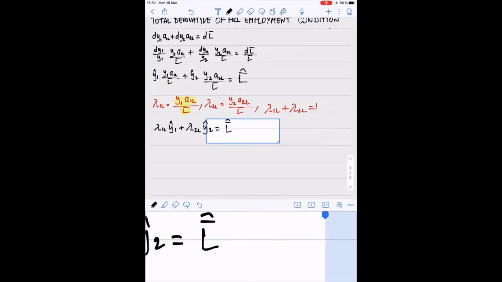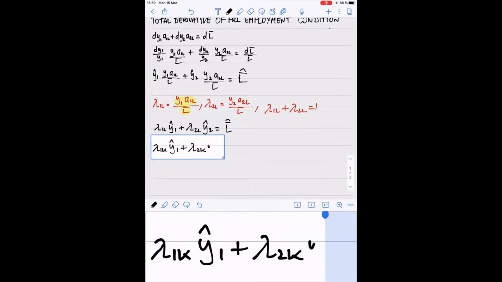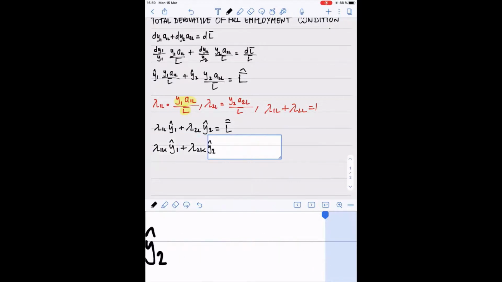Now you can do the same thing for capital, and what you're going to get is that lambda 1K y hat 1 plus lambda 2K y hat 2 is actually equal to K bar hat.